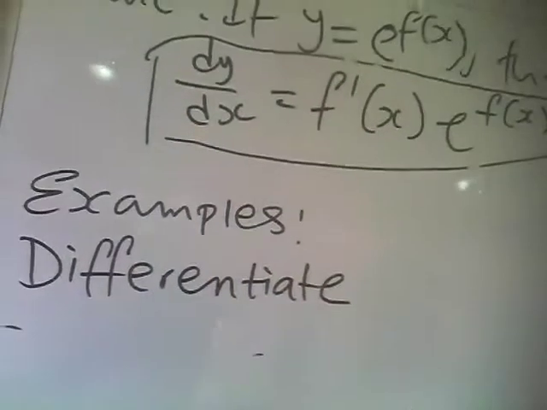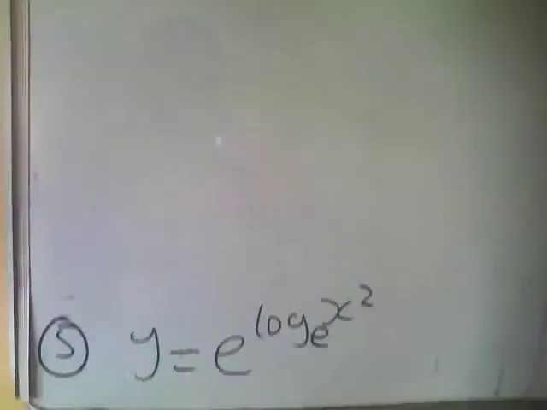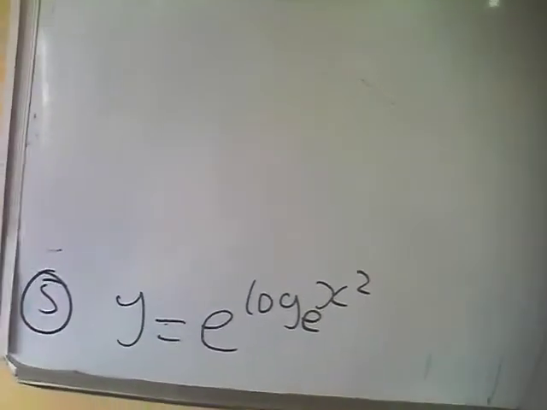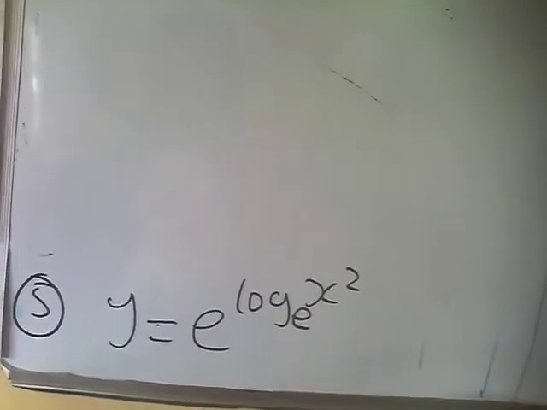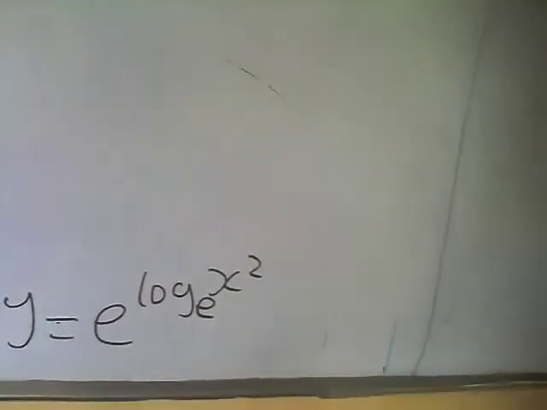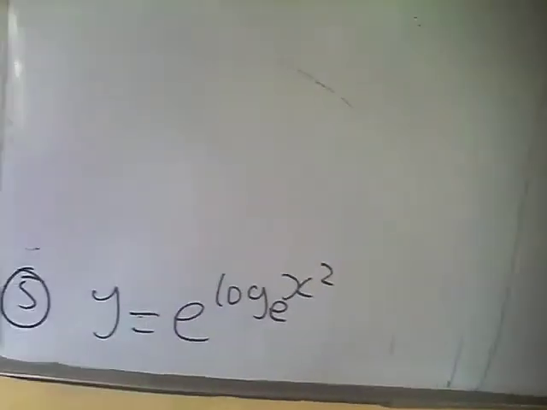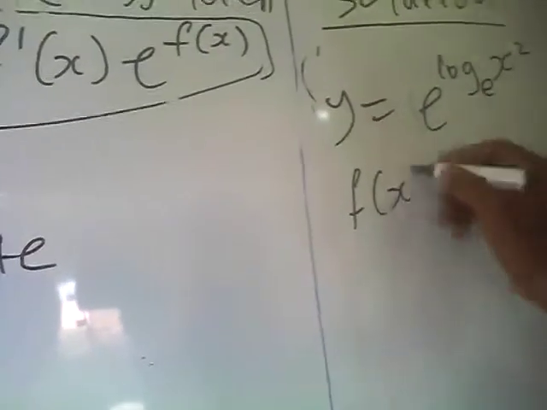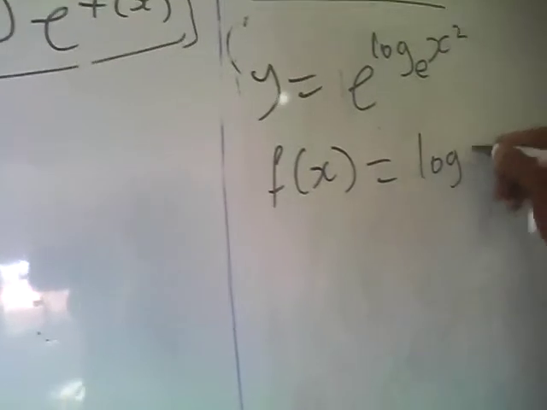Now the last question is a log, a power exponential ln x squared, exponential log x squared to base e, or ln x squared. Differentiating that, when we have y equals exponential log x squared to base e, we know that our function of x is log x squared to base e.